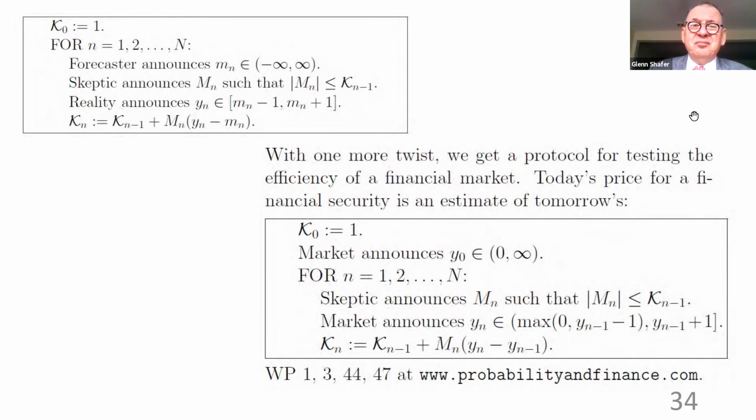So I would like to invite people in the imprecise probabilities community to invade the territory of the finance theorists as well as the territory of the statisticians by adopting some of these ideas.